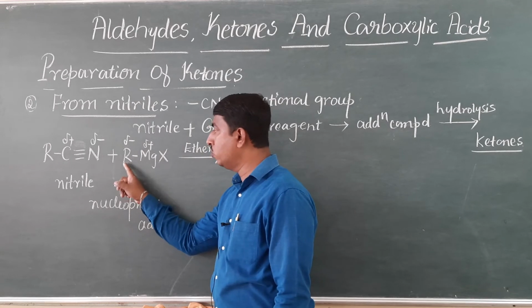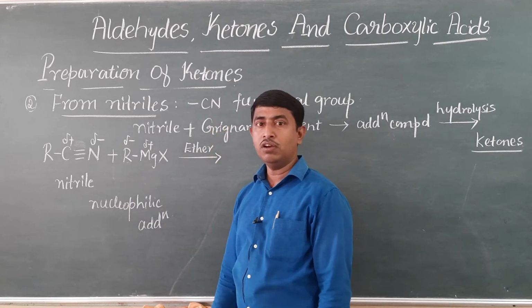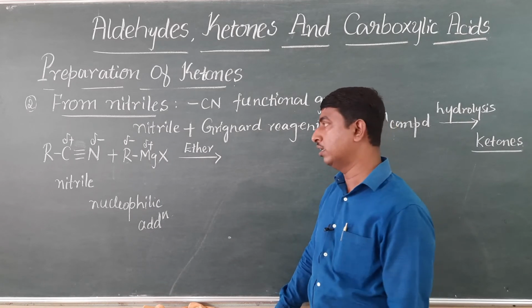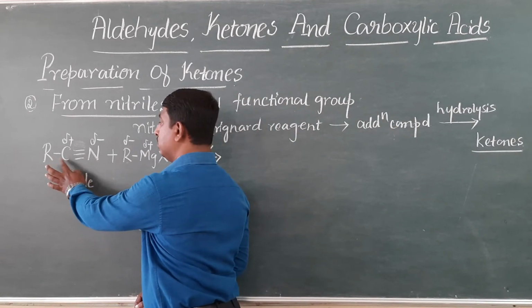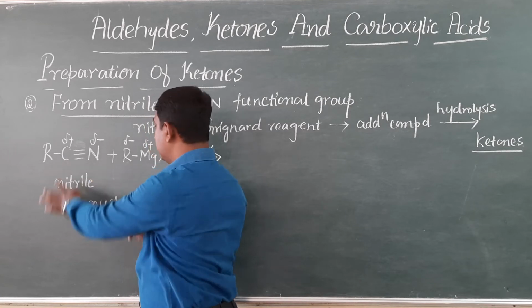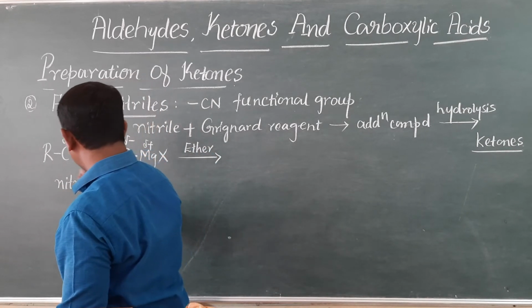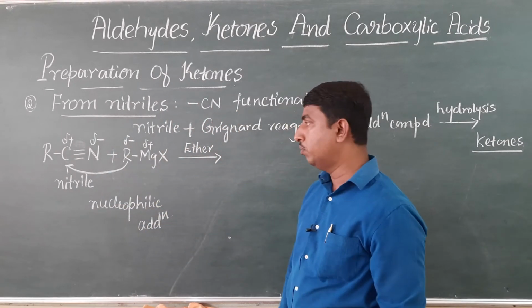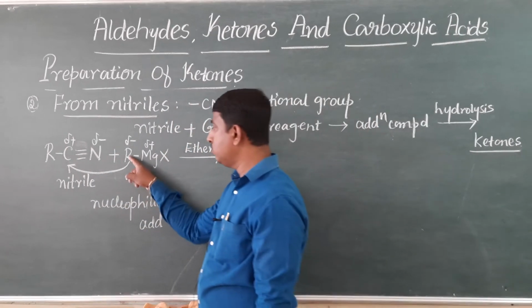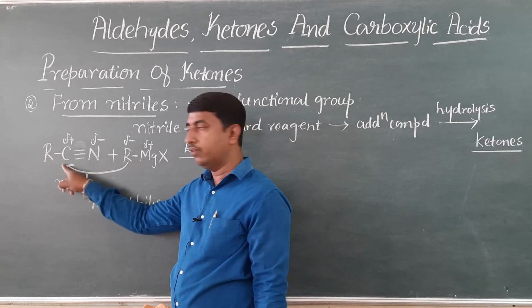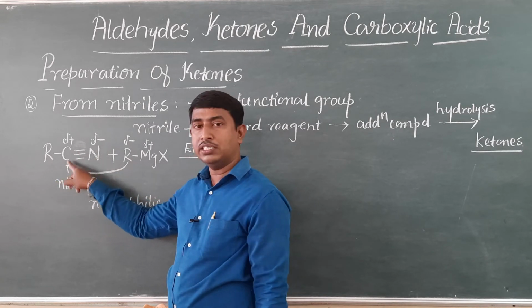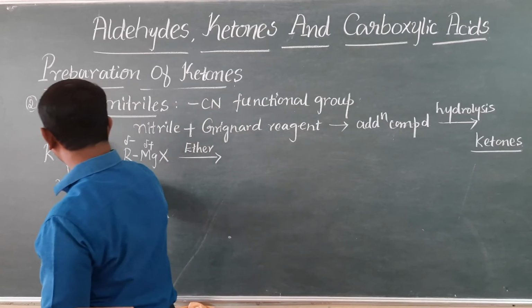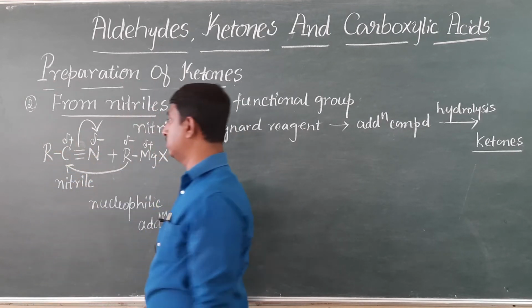Now what will this nucleophile attack? A nucleophile always attacks at the electron deficient center. In this molecule, this is the electron deficient center. So the nucleophile attacks the positively charged carbon. Once nucleophilic attack occurs here, there was already partial transfer of electron towards nitrogen, and now complete transfer of electron takes place.